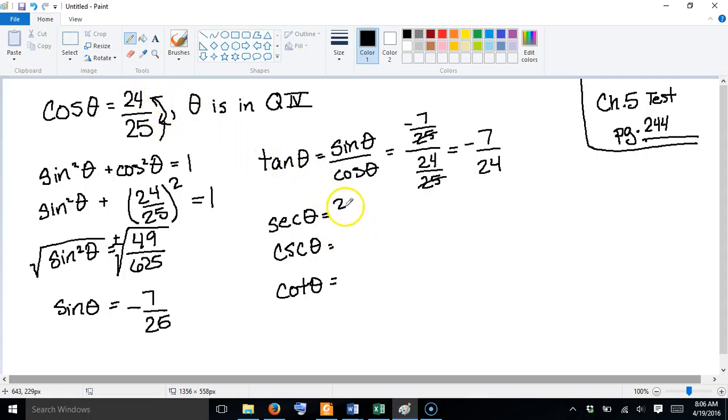So 25 over 24. Same goes with sine and cosecant. Flip those numbers. 25 over 7, and you've got cosecant. Cotangent, flip a tangent around, and you've got cotangent. So it's negative 24 over 7, and we're done.